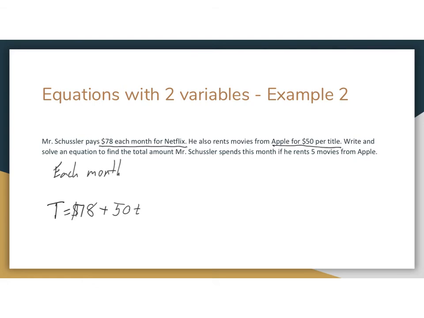Now we can move on to solving this equation. Since we know that Mr. Schuessler rented 5 movies, we can put 5 equals T. Now we can rewrite our equation.